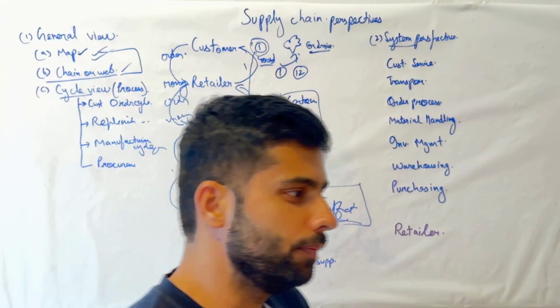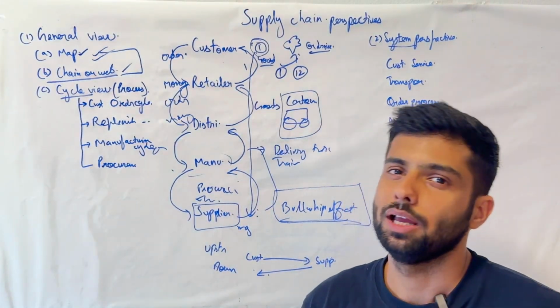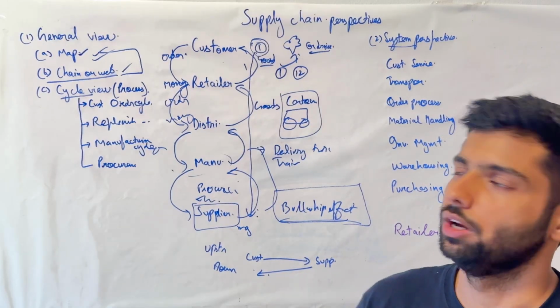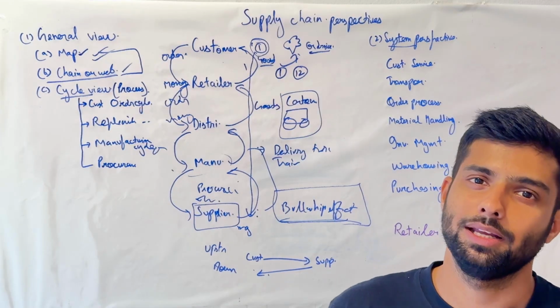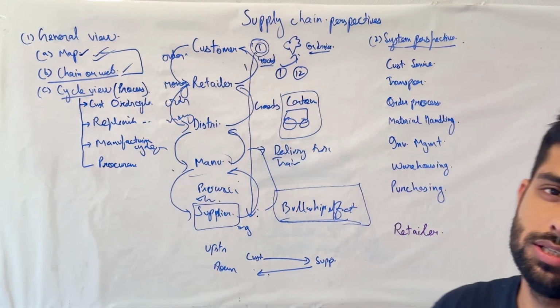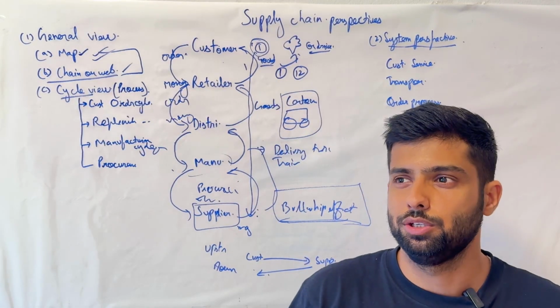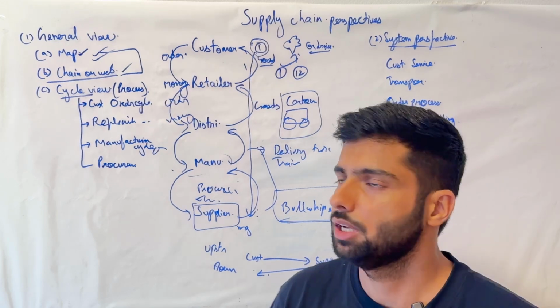Now, the perspective or view of a supply chain that is most important for anyone who's trying to get into supply chain or who works in supply chain, might agree, is the systems perspective. Whenever you meet someone, they'll tell you that supply chain is a combination of systems.